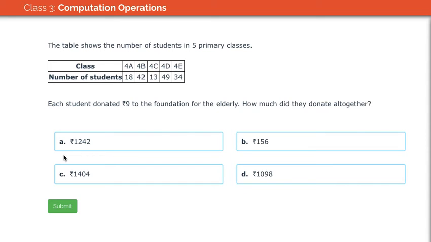Yes, 8 and 2 we can make. 8 plus 2 is equal to 10. 10 plus 9, 19. 19 plus 1, 20. Then let's take one from one of these numbers. Let's take from 4. It will become 3. So 3 plus 3 plus 20, 26. 6 will be down, 2 will go up.